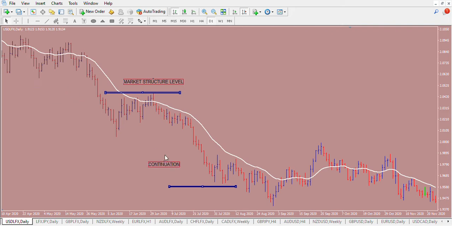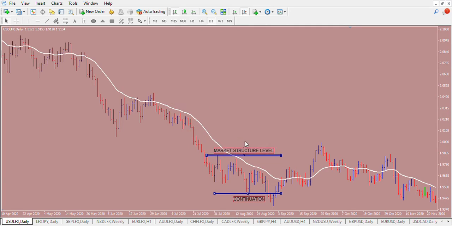To tell you that it wants to continue. It went lower again. Continuation. Gives us a market structure level here. Now it moves lower again. Continuation. Gives us another market structure level around this zone here.